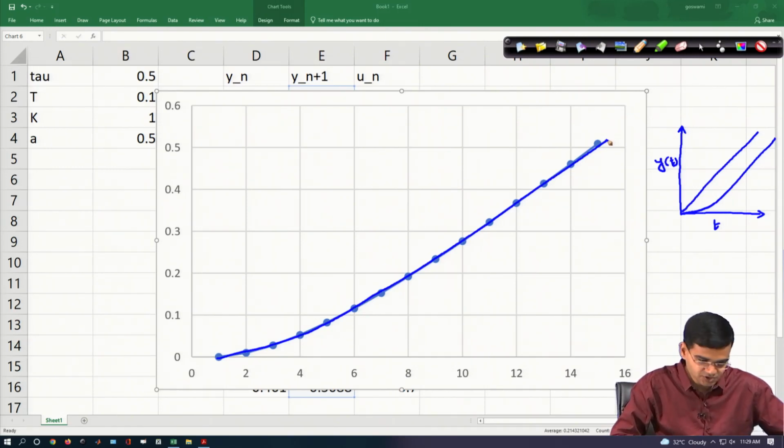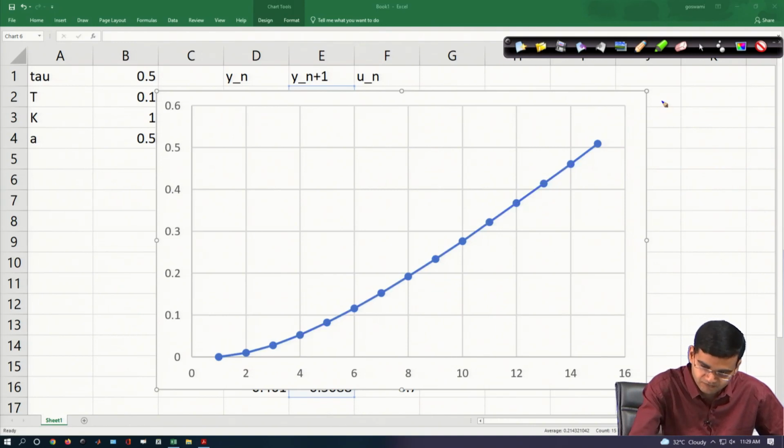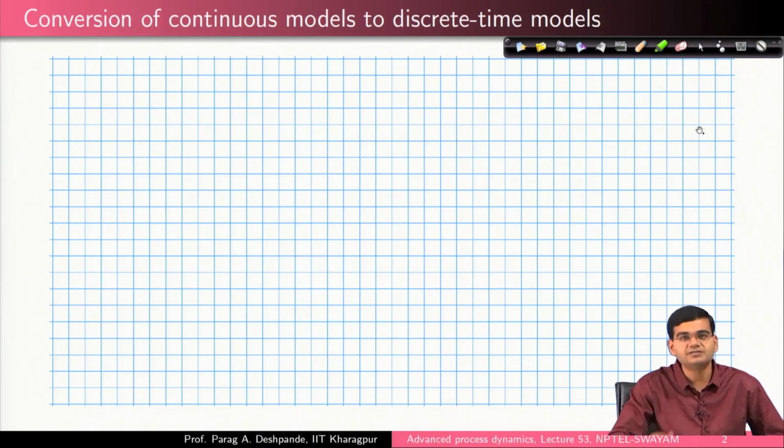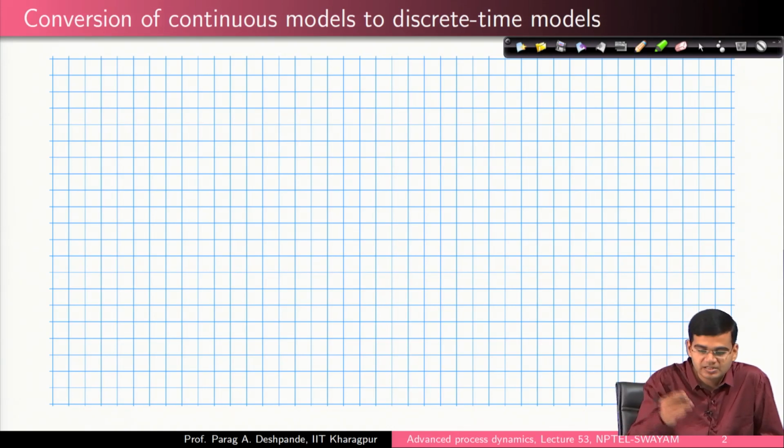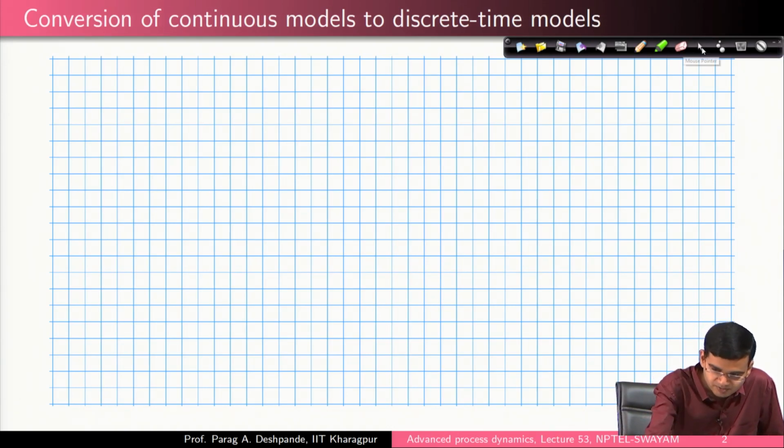Okay. So, now if we are sure that we have some kind of a recipe to determine the discrete time analog of a continuous input, can we look into the input output model and develop a single input single output model.